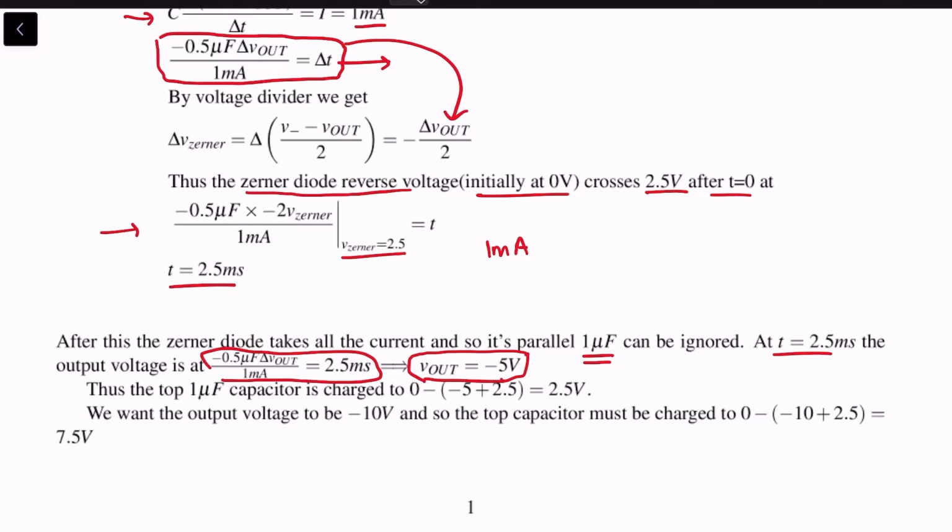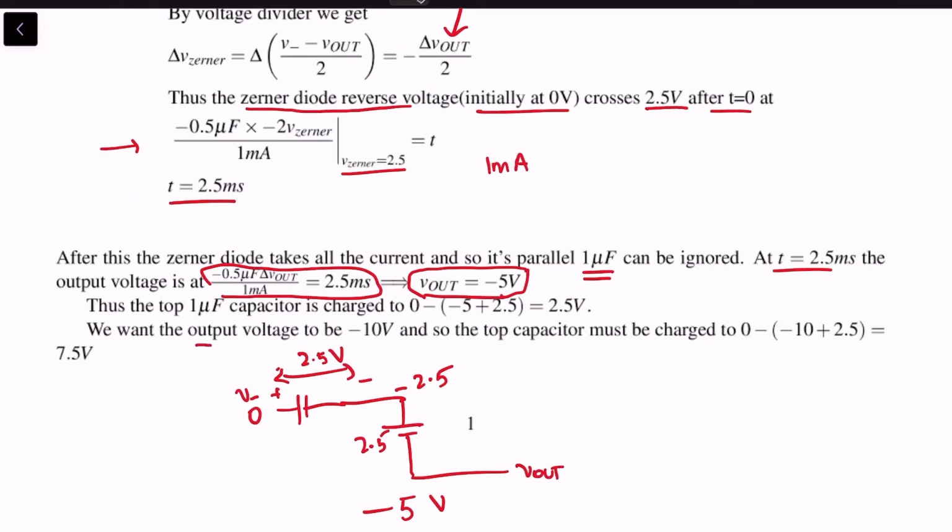Thus the top 1 microfarad capacitor has V minus on one side, and this is minus 5 volt here, which is V out, and the Zener diode is 2.5 volt. So this is minus 2.5 volt, this is 0, so the capacitor with plus minus polarity here is 2.5 volt.